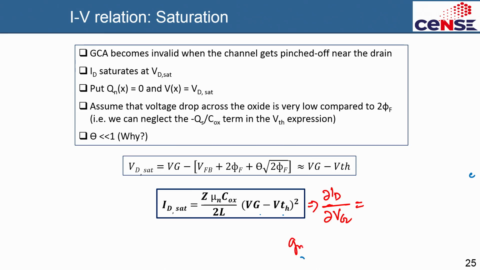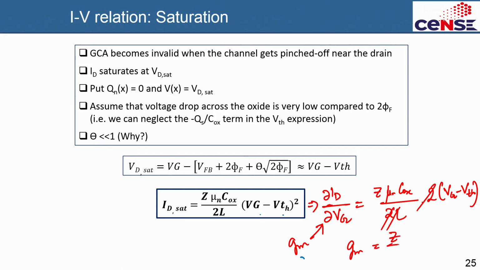If you take a derivative, it will be Z mu n Cox by 2L into 2 (Vg minus Vth), that's all. The 2 will cancel out, so your GM will be Z by L mu n Cox (Vg minus Vt). So that is your transconductance.